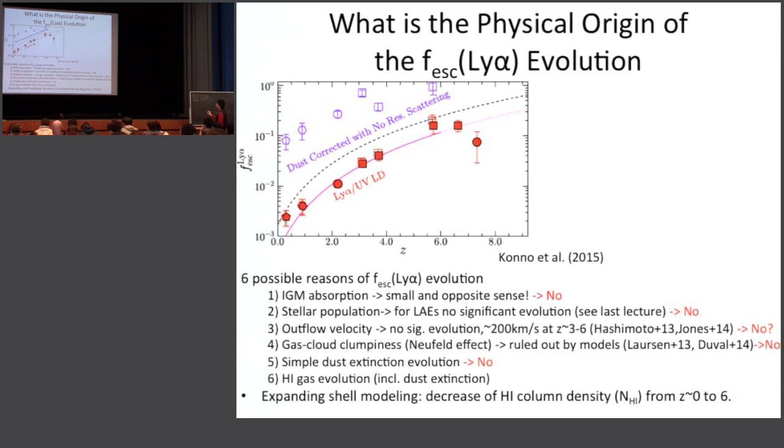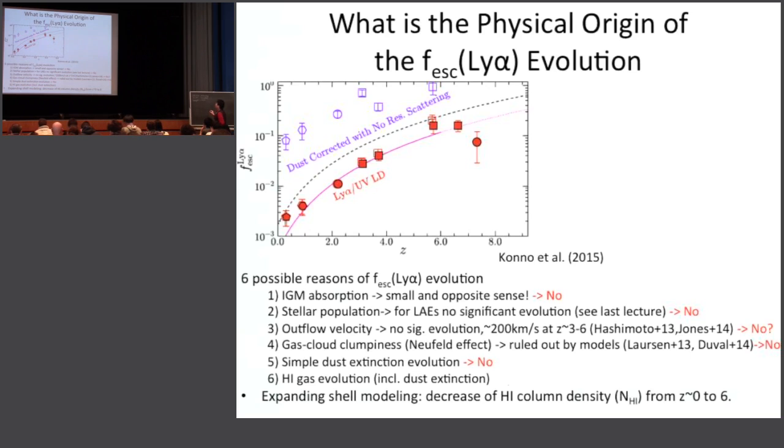The next possibility is the Neufeld effect, but this is ruled out because it is realized only in special cases. The fifth possibility is the dust extinction evolution, but the color excess doesn't change much from, say, redshift 2 to 6.